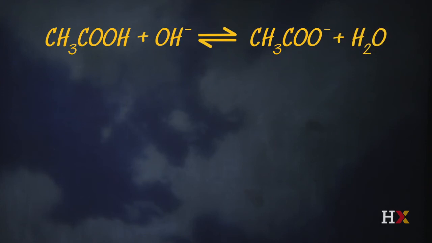So now the first thing we have to do is calculate the equilibrium constant, and as we reviewed just a moment ago, that's the acid dissociation constant times the inverse of the dissociation of water. That's the acetate anion divided by the product of the concentration of the acid times OH-.